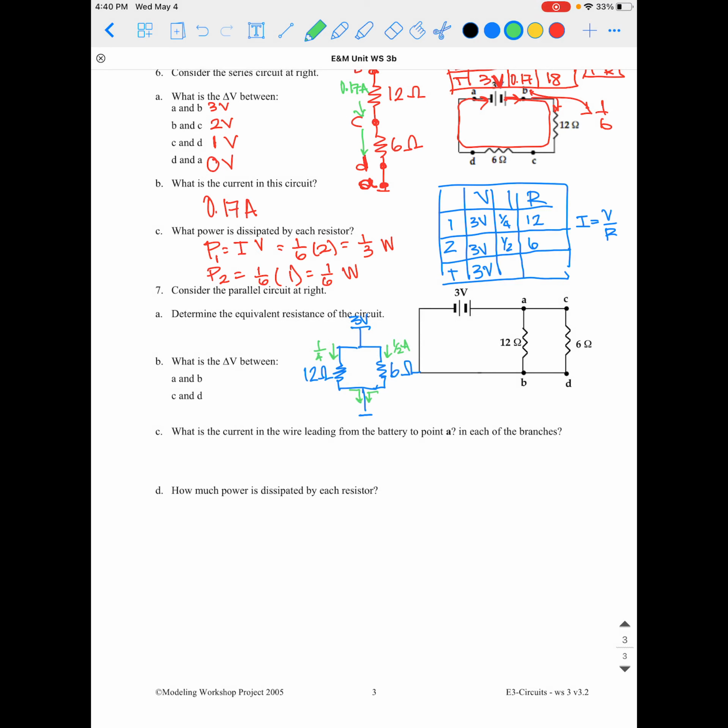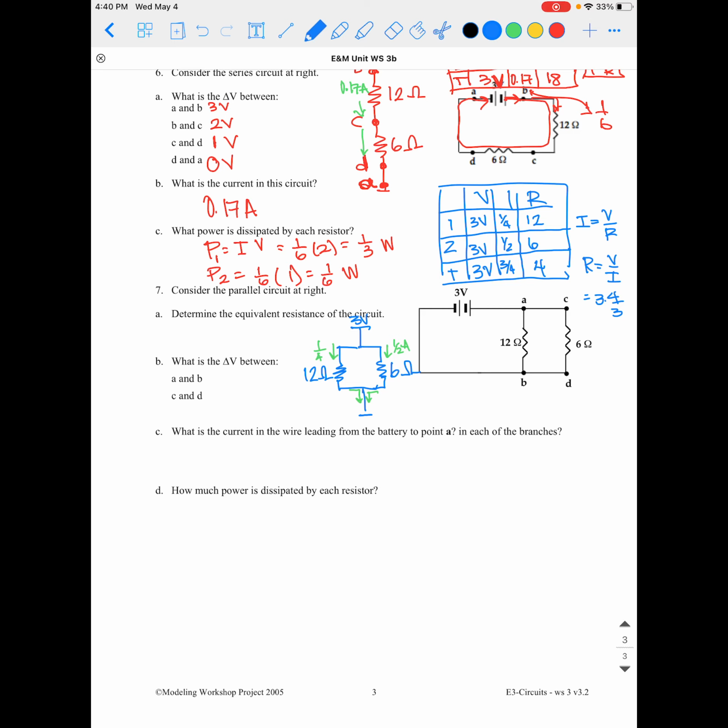And so 1/4 plus 1/2 is equal to 3/4 amps. And then to get the resistance, I'm going to have my voltage divided by current, which is 3 divided by 3/4. And if I multiply by the reciprocal, it's 3 times 4/3, and I end up with 4 as my resistance.